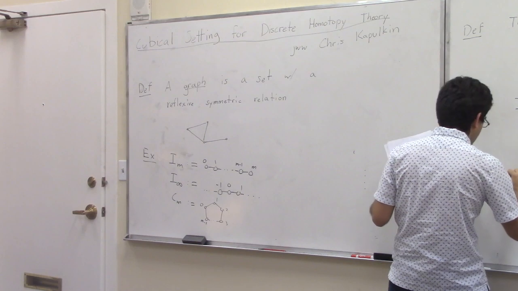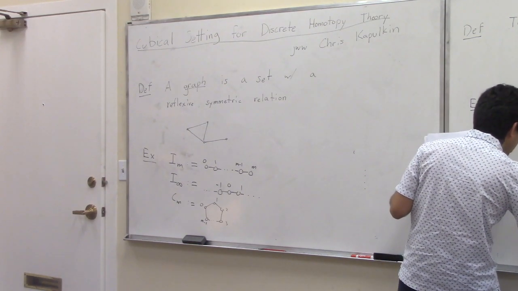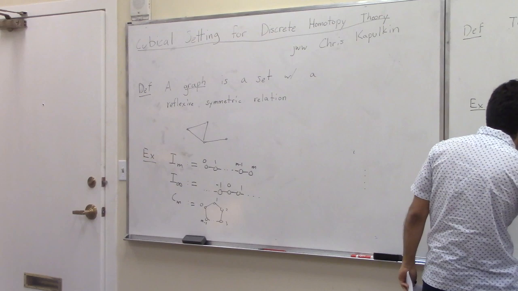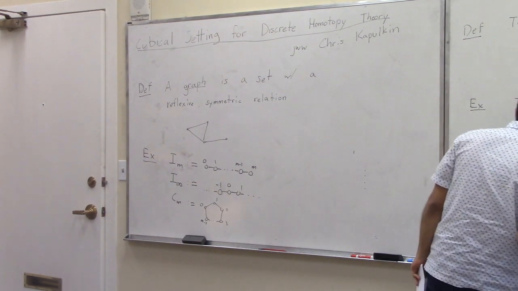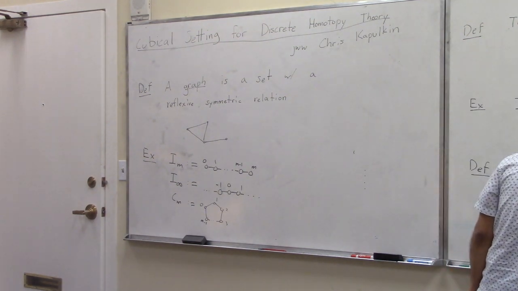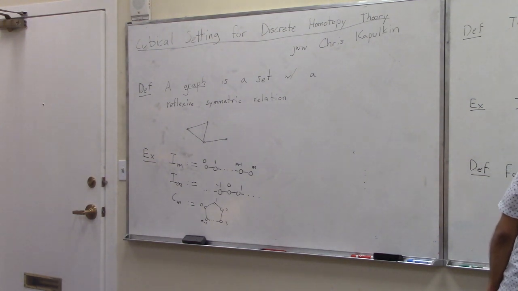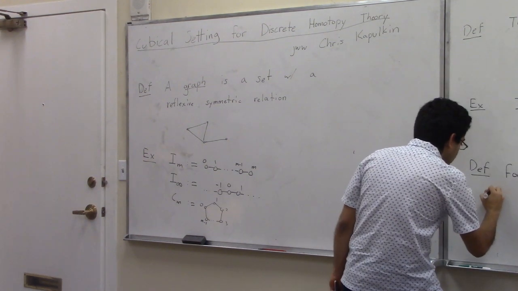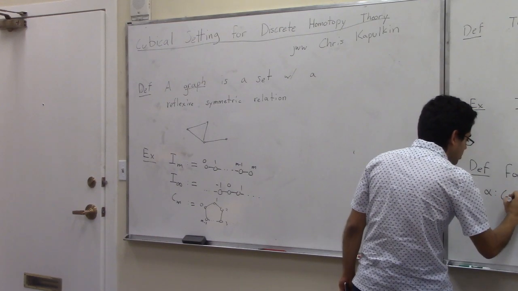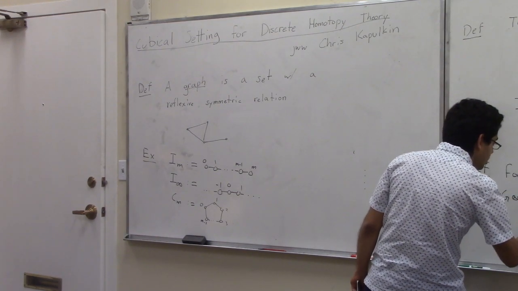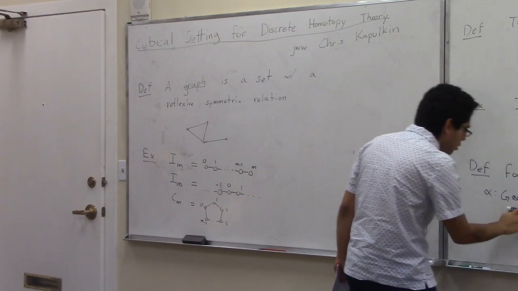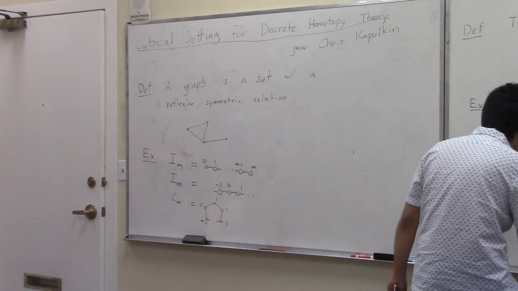So if I have two graph maps, F and G, then a homotopy from F to G is going to be a graph map, call it alpha, from G tensored with IM to H, where M is any non-negative integer.